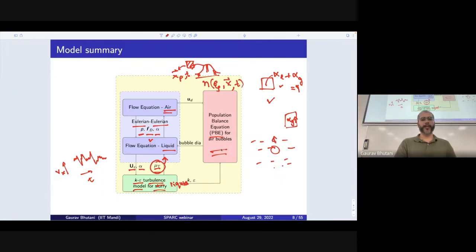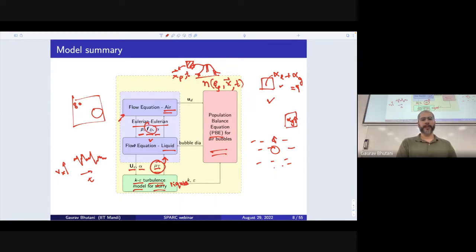But here we're talking about interaction. So what we do is, as the population changes, as the bubble size evolves, if, for example, in this bubble column we get larger bubbles here and smaller bubbles here, the way that affects our flow model is through the drag force that we just talked about.